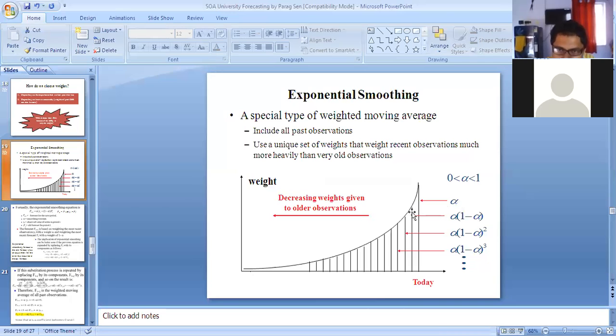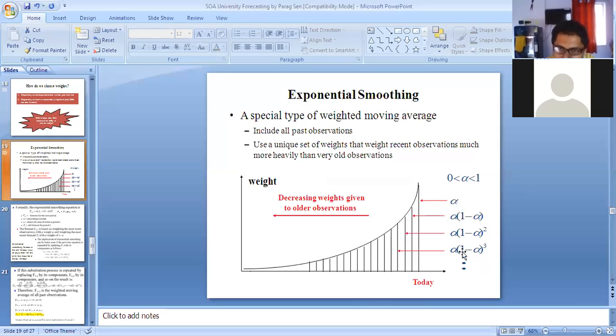The most recent data has been given the weightage of alpha. Then the earlier data has been given the weightage of alpha into 1 minus alpha. Then the preceding data is given the weightage of alpha into 1 minus alpha square.